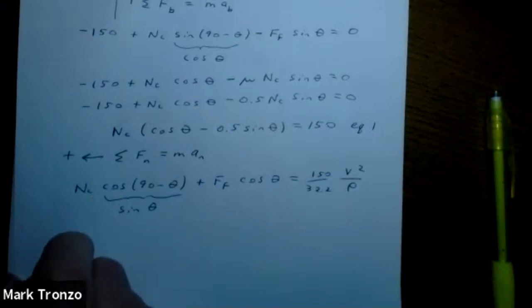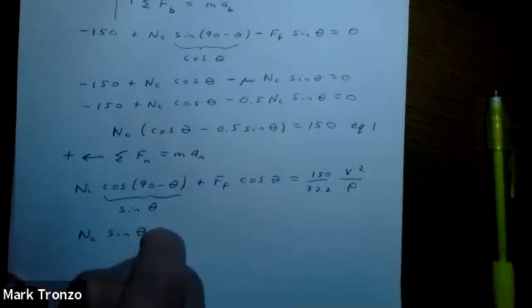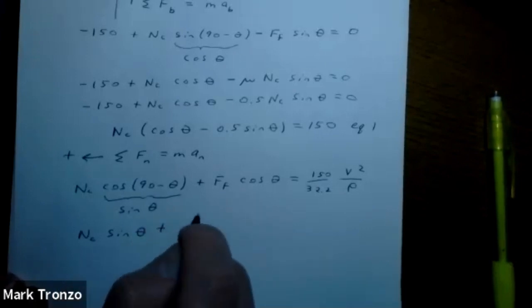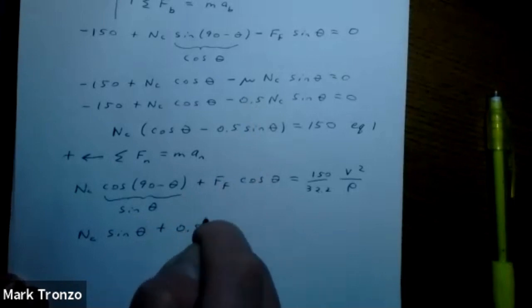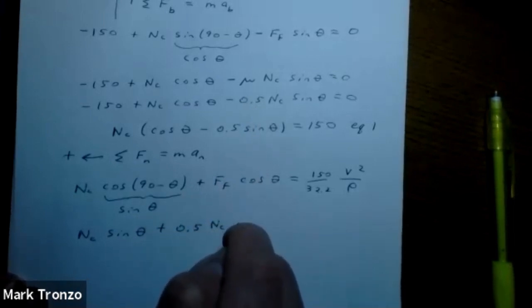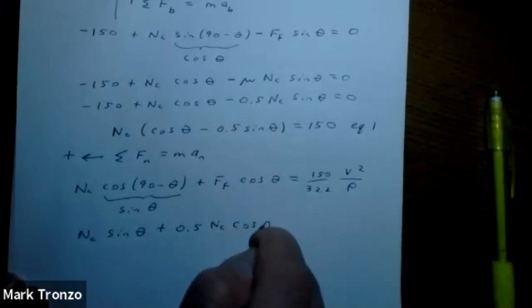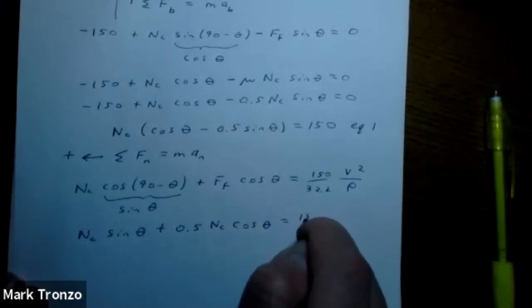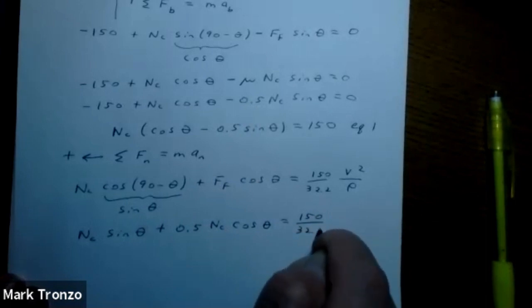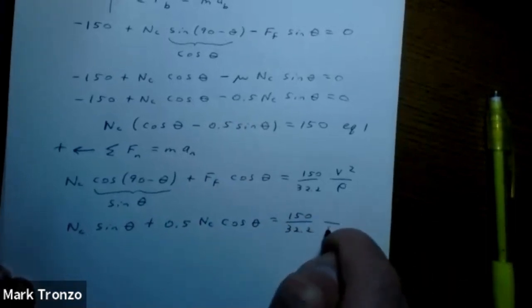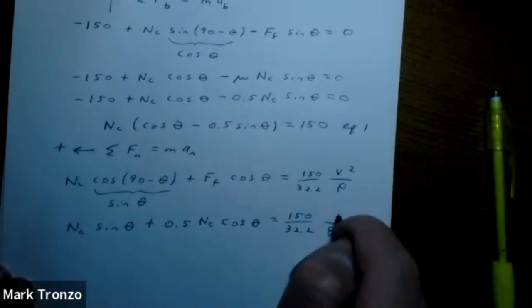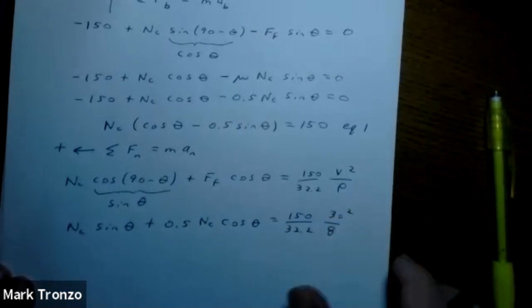And so let's do this: NC sine of theta, our friction, that's going to be our mu again times NC cos theta, equals 150 over 32.2. We know what the radius was, 8, and we're given the velocity, 30 squared.